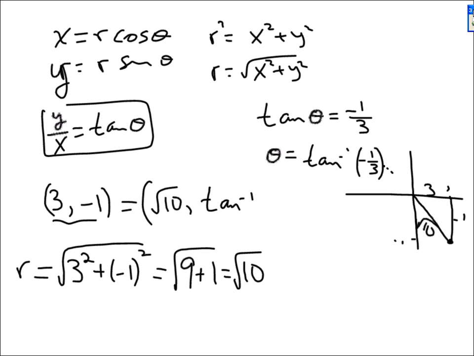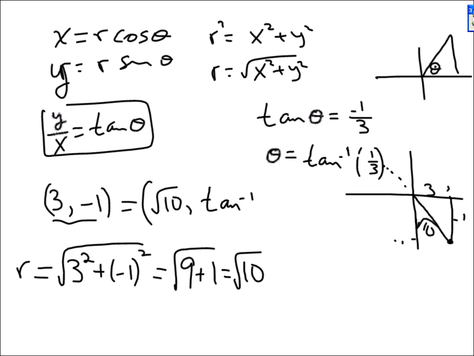But what if we were in quadrant 2? So what you might do is say, let me just find the angle in quadrant 1. The answer would be the tan inverse of 1/3, an angle between 0 and 90 degrees.